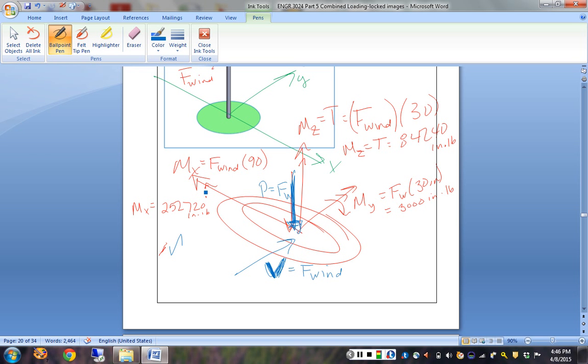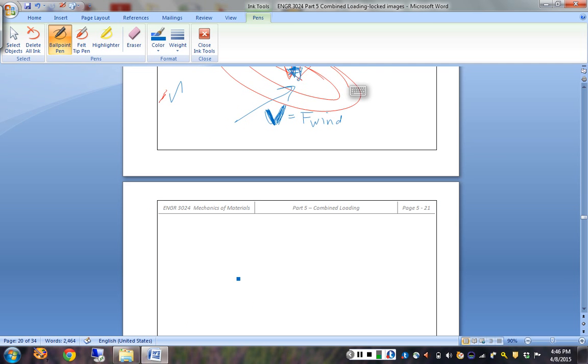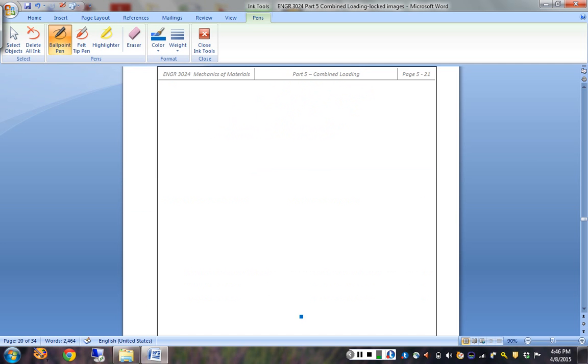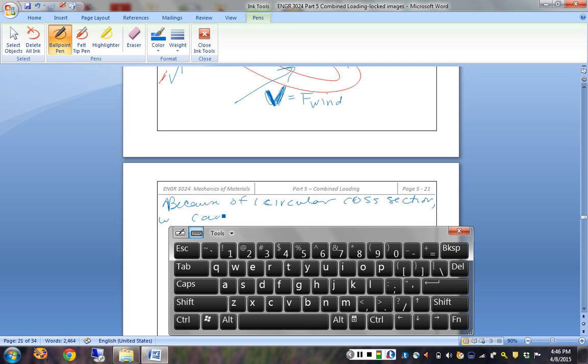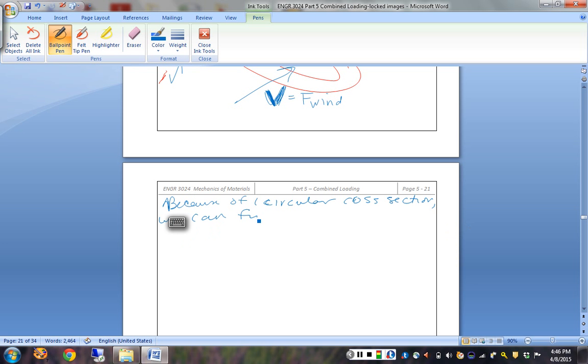You can figure out that your M total, so do I have another page down here? Yes. So because of circular cross section, we can find a resultant of Mx and My.